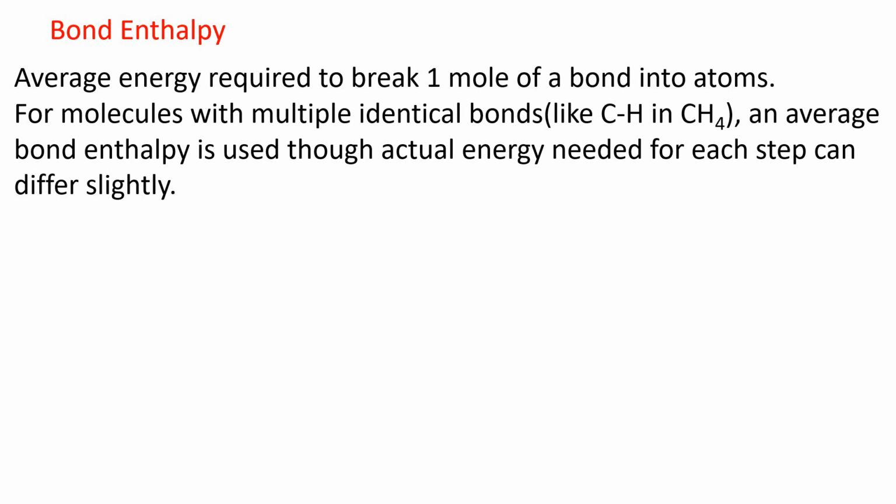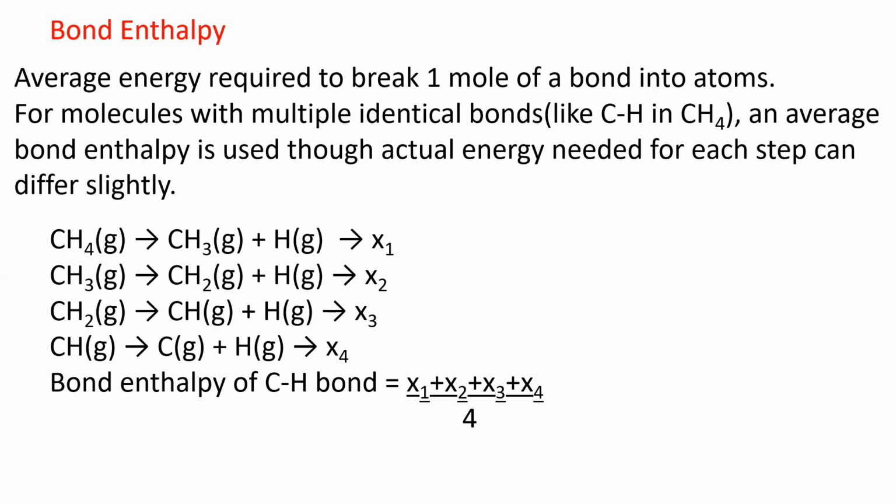If you break 1 carbon-hydrogen bond, then CH3, that is methyl, and hydrogen is formed. Then from CH3, if you break another bond, you get CH2 and another hydrogen. In that case, each carbon-hydrogen bond enthalpy may slightly vary. So here we'll take the average of all 4 bond enthalpies of carbon-hydrogen bonds in methane.